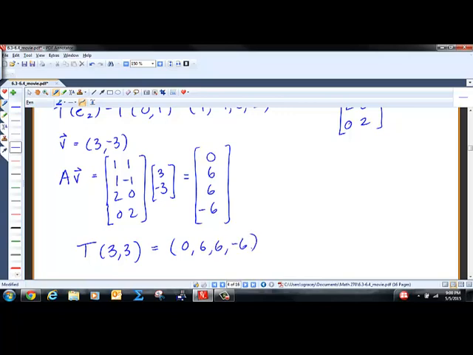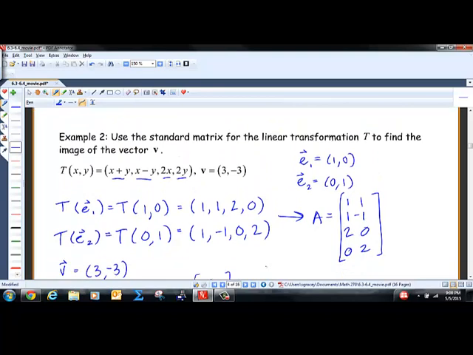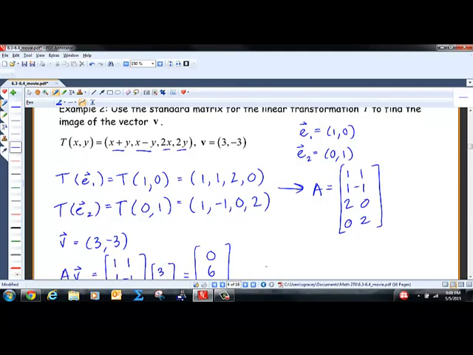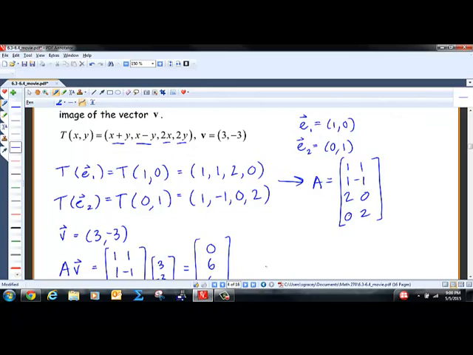Are we good? Awesome. So just to recap, we were being asked to use the standard matrix for that linear transformation, and we needed to find the image of the vector v, so basically the output of the linear transformation.